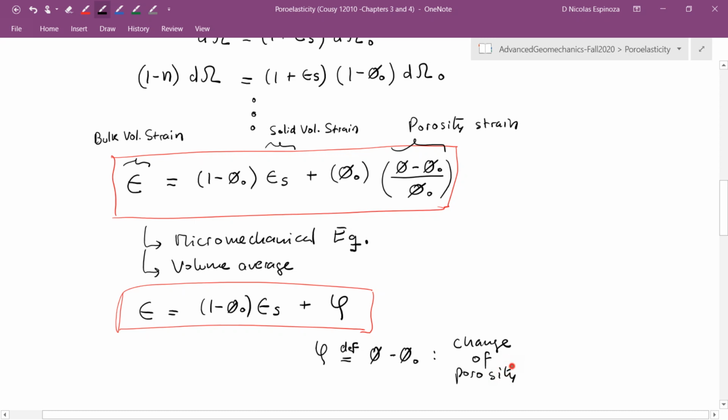Okay, so let's see what this is useful for. In order to do that, we're going to see two examples that are going to help illustrate why this equation is important.